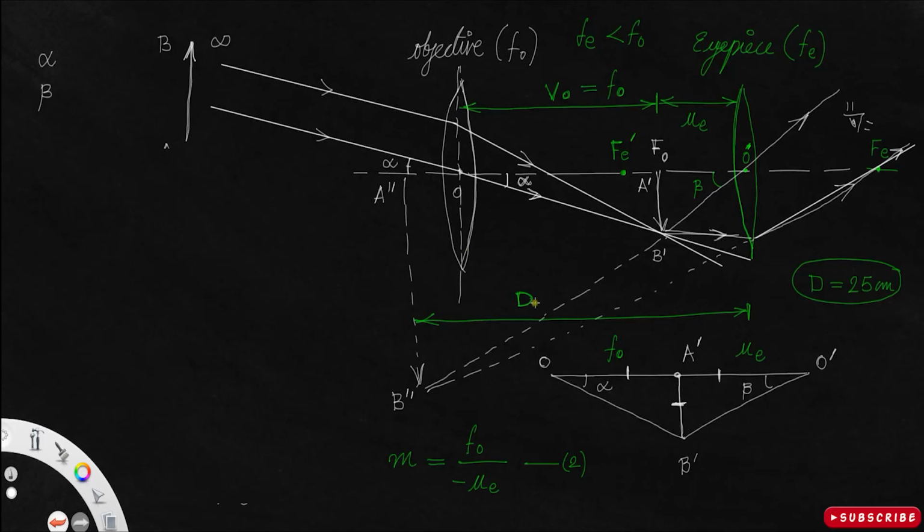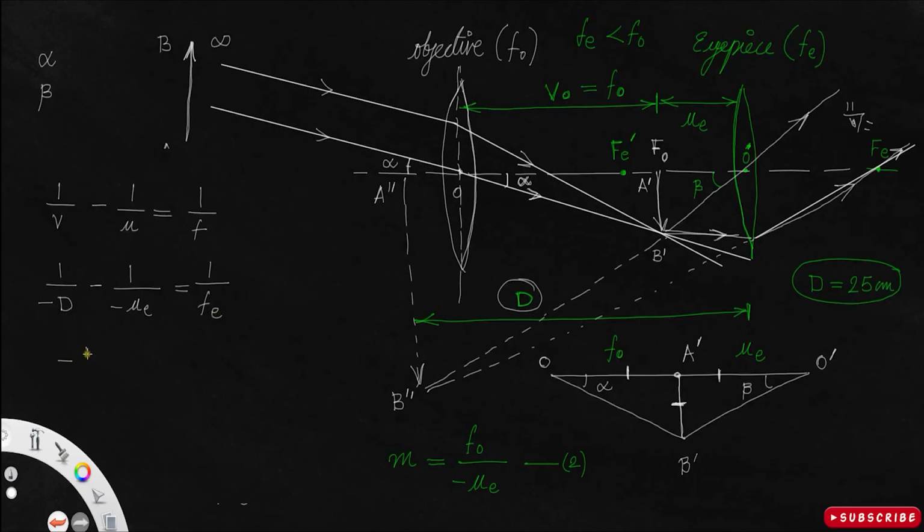Now, if I take the thin lens formula for this eyepiece, we have 1 by V minus 1 by U is equal to 1 by F. When I apply it for the eyepiece, V is the distance at which the final image is formed from the eyepiece, that is D. Remember, that is also on the left of the eyepiece, so I assign minus D. Minus 1 by the object distance, minus UE, is equal to 1 by FE, the focal length of the eyepiece.